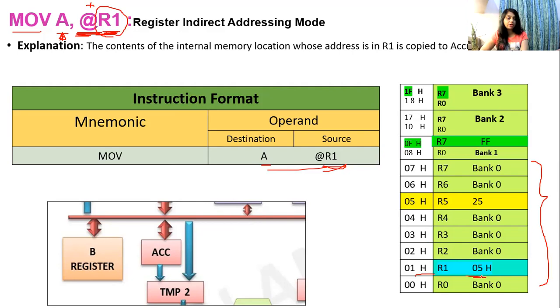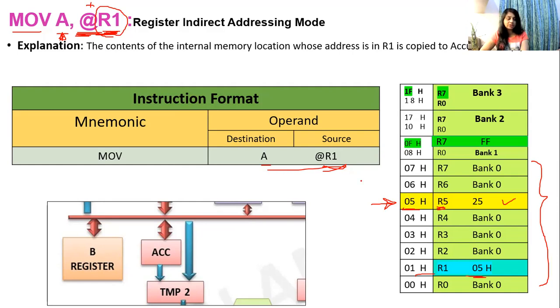Now R1 holds 05. 05 is an address. Whose address is 05? The address of register R5 of bank 0 is 05. 05 is the address of register R5 of the same bank. Now at address 05 there is data 25. So what will this instruction do?